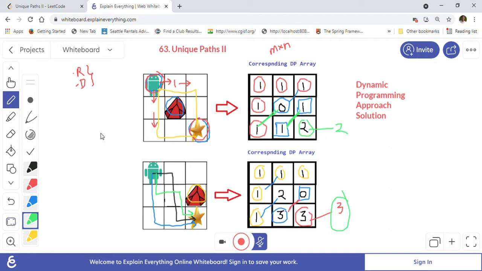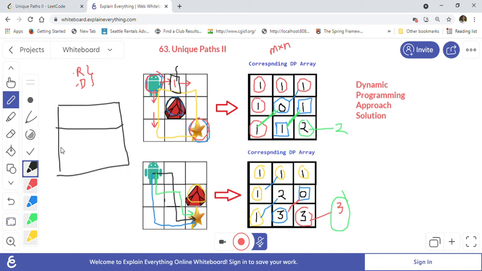One other thing I want to mention is, for example, if the obstacle is in this cell which I am highlighting here, then in that case our DP array will change. Let's just draw the matrix quickly. When we are filling our first row, here we put 1, but now this one is the obstacle, let's say, so we have to put 0.